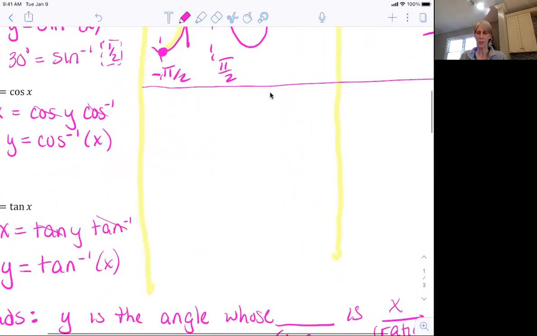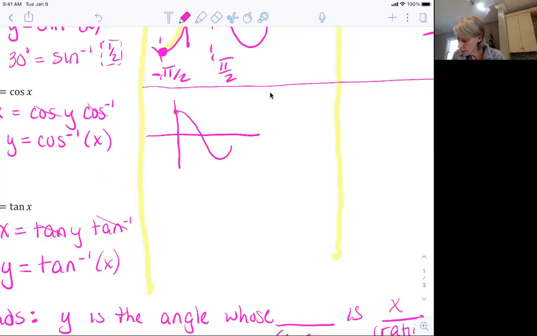Let's just do all our rules first. Our cosine function, if you recall, starts at 1, ends at 1, and repeats in either direction.